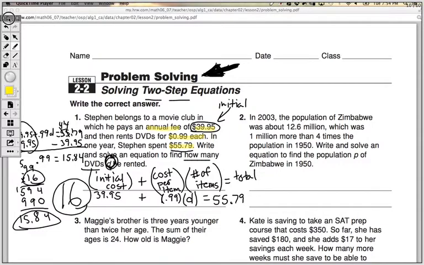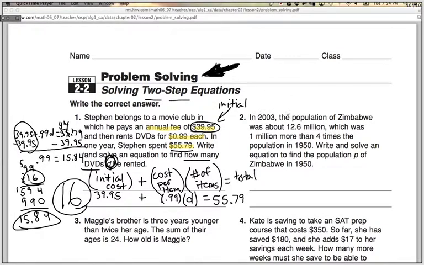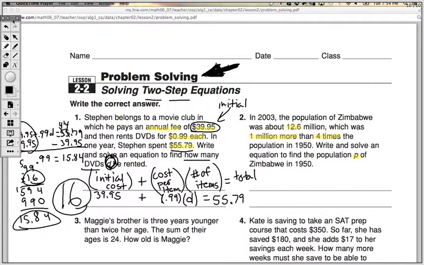Let's look at the next one. Start highlighting our big information. In 2003, the population of Zimbabwe was about 12.6 million, which was 1 million more than 4 times the population in 1950. Write and solve an equation to find the population from 1950. Okay, so let's see what we got going on here.